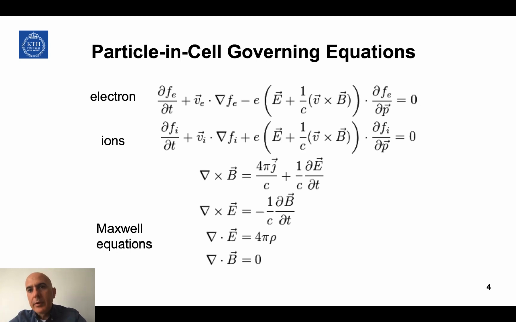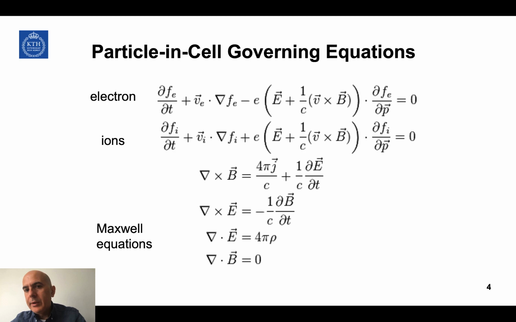The second piece of the governing equations for the particle in cell are the Maxwell equations that describe the evolution of the magnetic field B and the evolution of the electric field E. So the distribution functions and the Maxwell equations are coupled. What is the coupling? The coupling comes from the sources in the Maxwell equations. Here you see the J, and here you see the rho. These are the current density and charge density, and they are related to the distribution function, right?